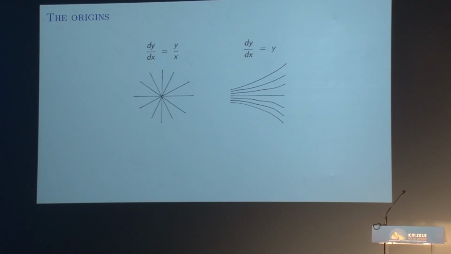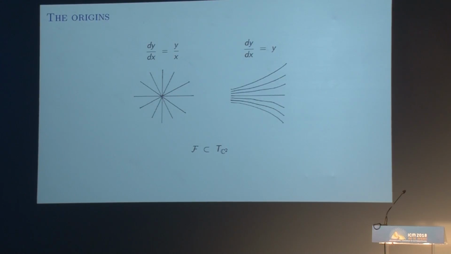And the solutions correspond exactly to curves that are everywhere tangent to this field of directions. So if you think of it this way, then an algebraic differential equation of this kind gives you a subsheaf of the tangent bundle of the plane.